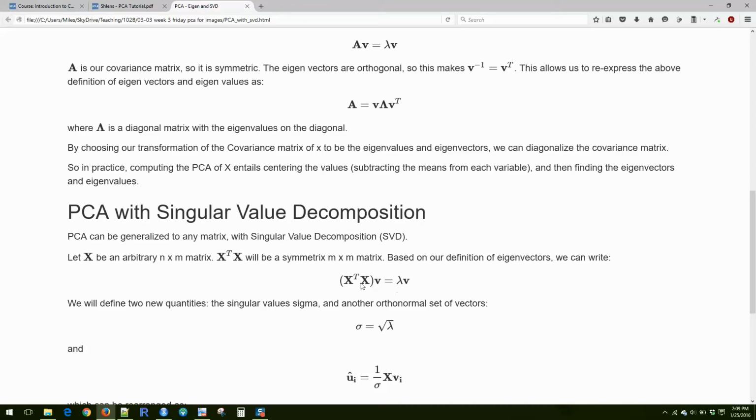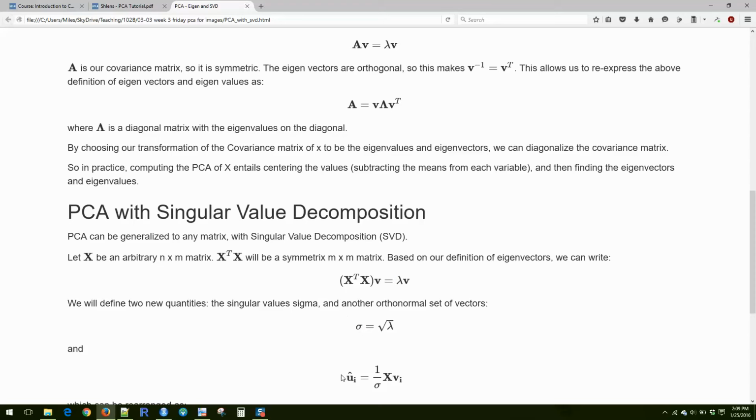So we're going to just plug in X transpose X, which is square, in for A up here, and this sets us up for Eigen decomposition. But we're going to define a couple new terms. One is going to be basically the square root of our eigenvalues lambda, and we're going to call that sigma.